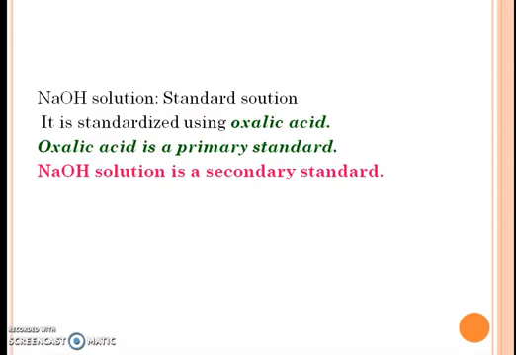So in the calculation, if we use the concentration of NaOH as 0.1 normal, then it may give false result for sulfuric acid because the concentration of NaOH has deviated from 0.1 normal. So we need to standardize NaOH just before the titration, and this can be done with the help of primary standard. So we will see one by one what is exactly primary standard and what are secondary standards.